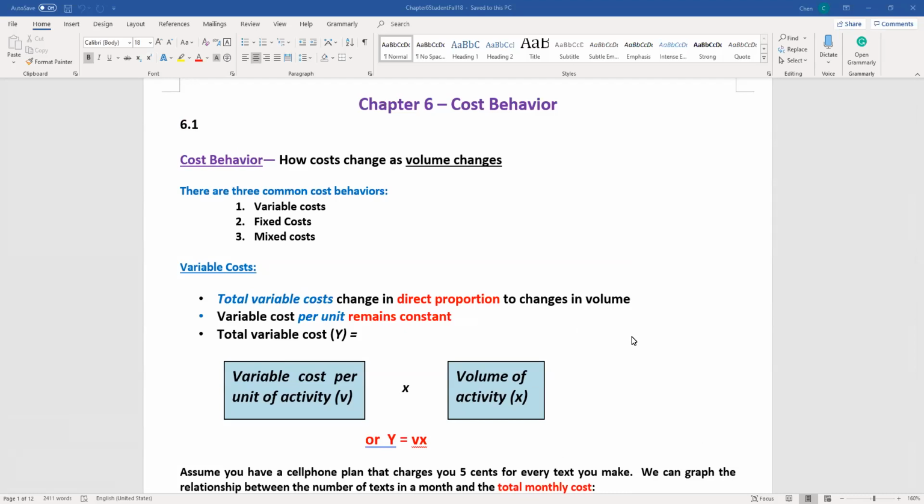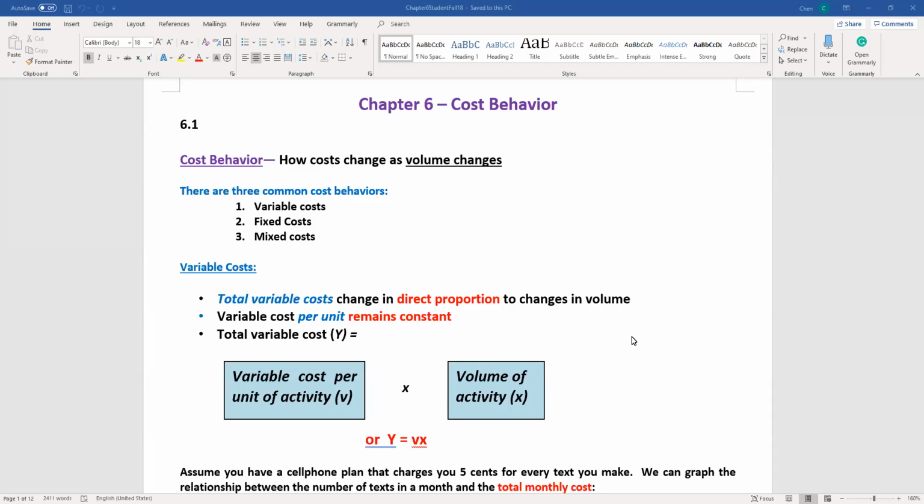And these are going to help you make decisions when it comes to doing business. Chapter 6 is the basic introduction of these 3 different costs, and then we are going to introduce the contribution approach income statement, which is different from our traditional income statement on the financial report. We're going to get to that later.